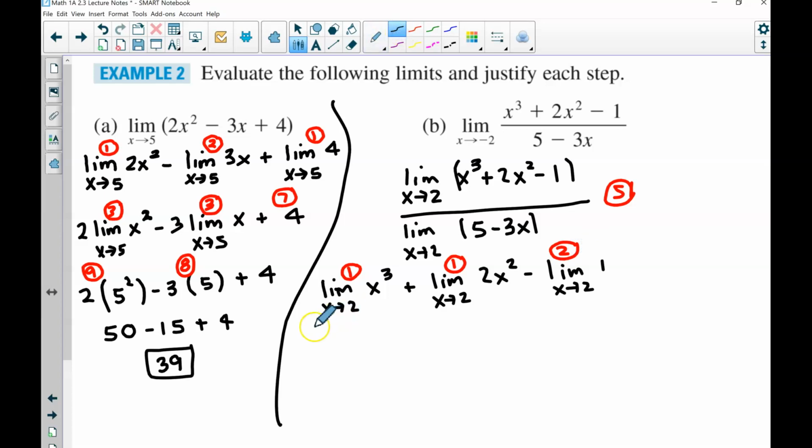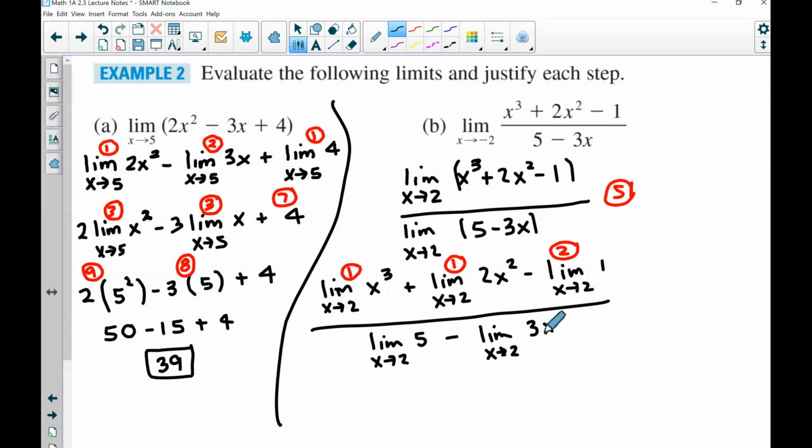Okay. Let's take a look at the denominator now. So we have the limit as x approaches 2 of 5 minus the limit as x approaches 2 of 3x.